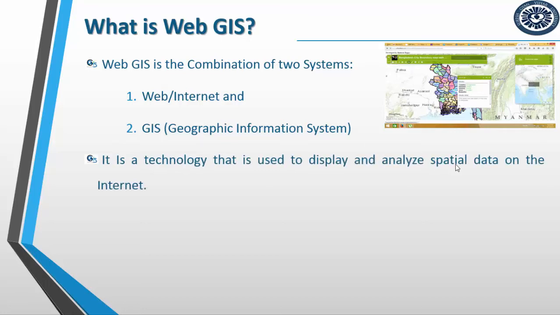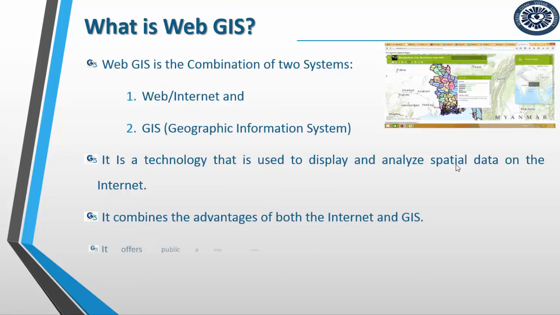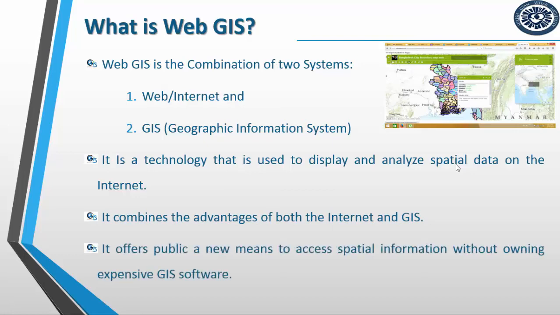It is a technology that is used to display and analyze spatial data on the internet. It combines the advantages of both the internet and GIS. It offers the public a new means to access spatial information without owning expensive GIS software.